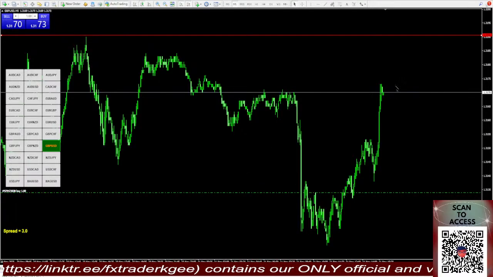Pullback at any point, and once that pullback happens, we should expect a further move northward, that is to the upside. These are the languages we understand. All these are the BOS and CHOCH, different concepts.